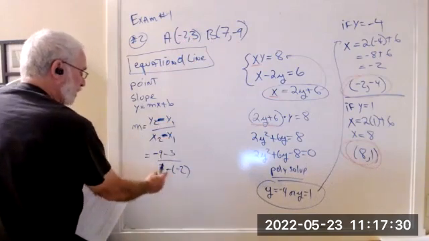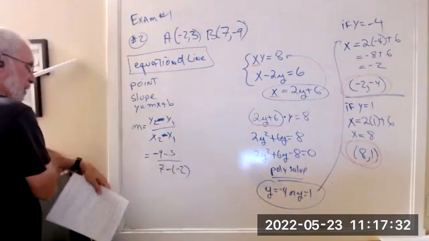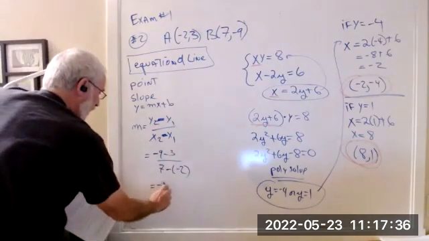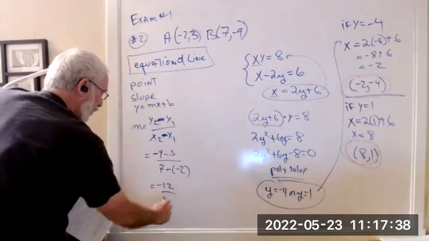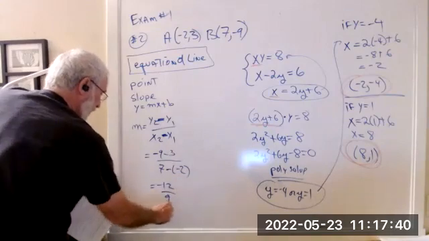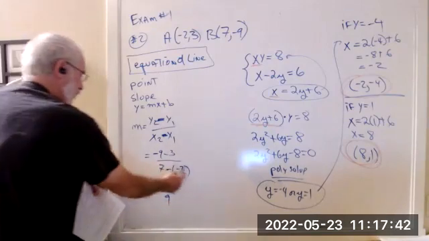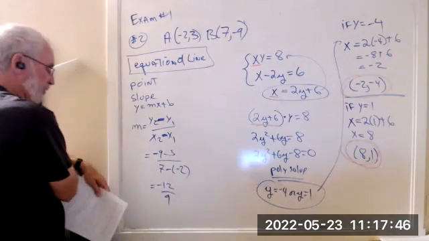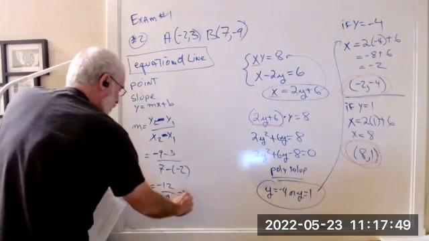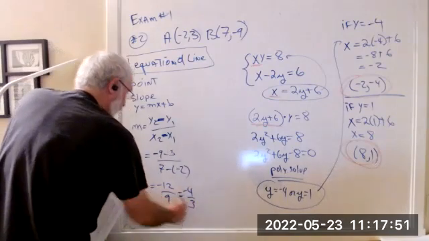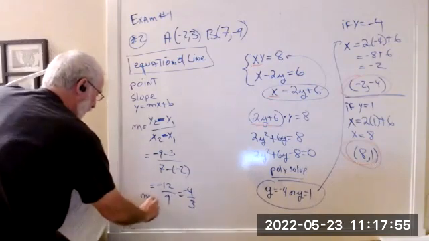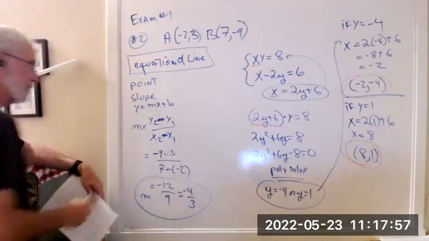The fact that you get a minus minus, you have to be able to do the arithmetic to turn that into a plus. But we get -12 over 9. 7 plus 2 is 9. -9 minus 3 is -12. That reduces to -4 over 3. So our slope should have been -4 over 3.